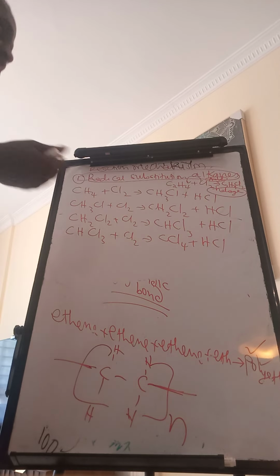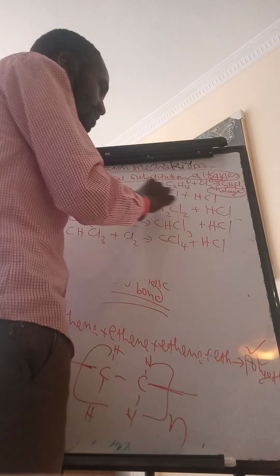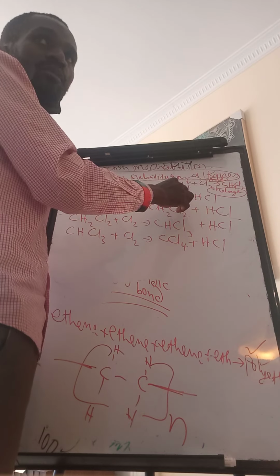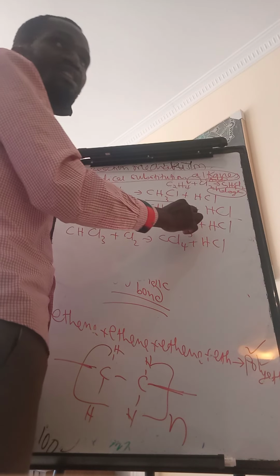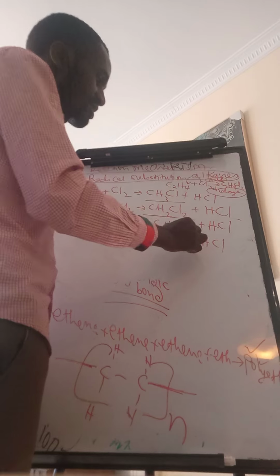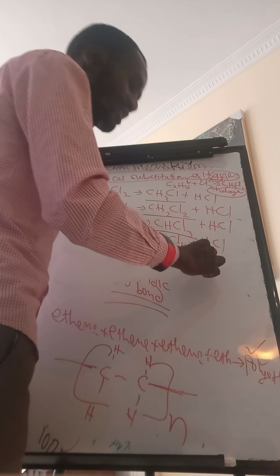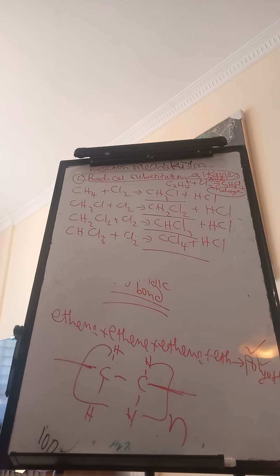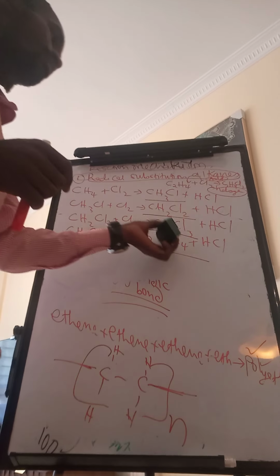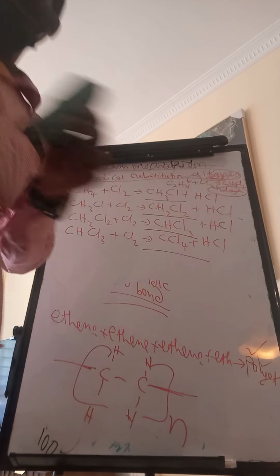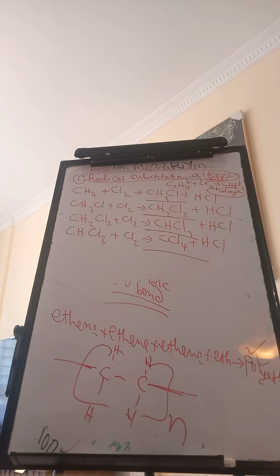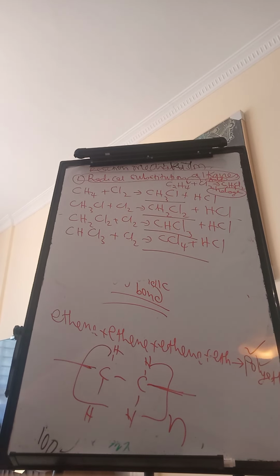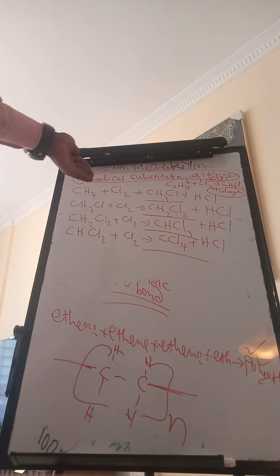So this one becomes chloromethane, dichloromethane, trichloromethane, tetrachloromethane. Then you can form even a polymer, polytetrachloromethane. So that's the first example, the first mechanism. A mechanism is a sequence of 2 or more steps, each one represented by an equation, and it will show how a reaction takes place.